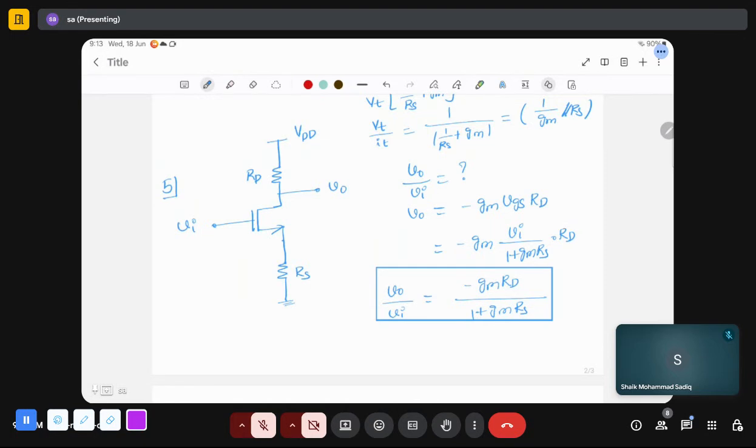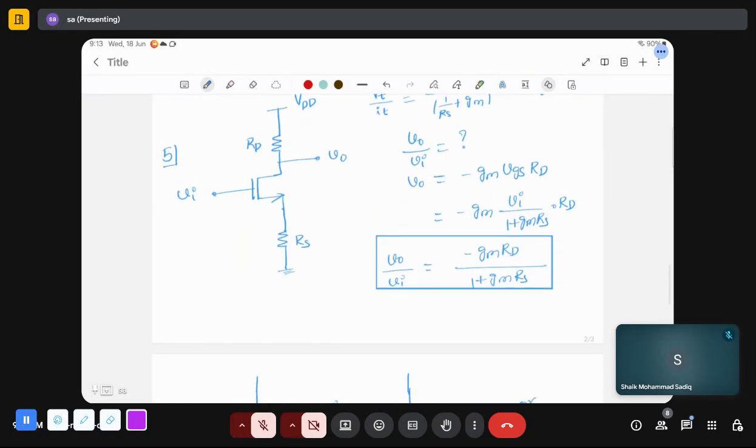Is it okay? What is happening here is because of Rs, the gain is decreasing. You remember earlier the gain was minus GM RD.